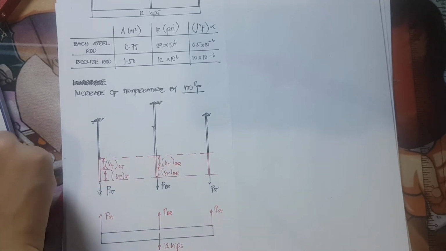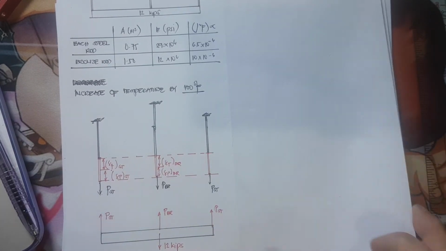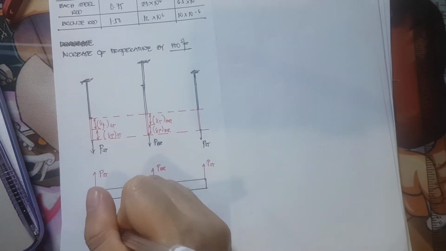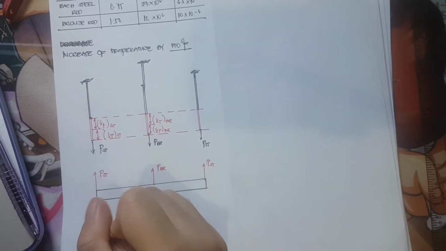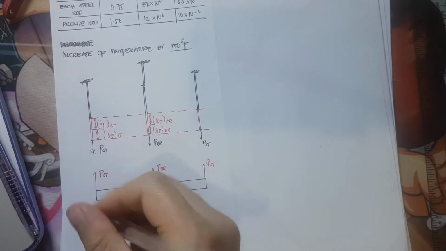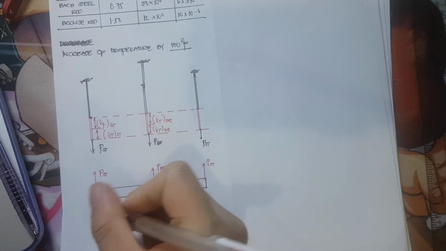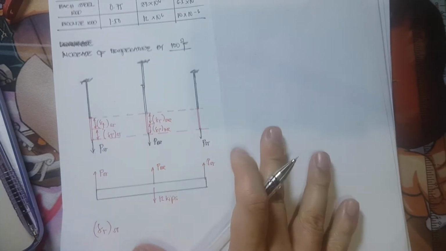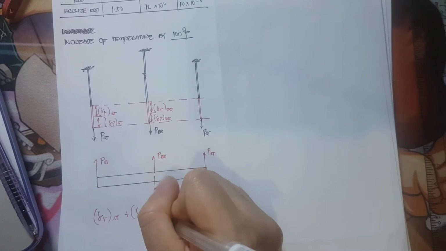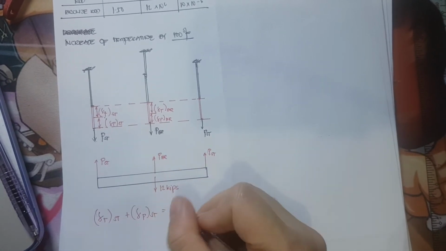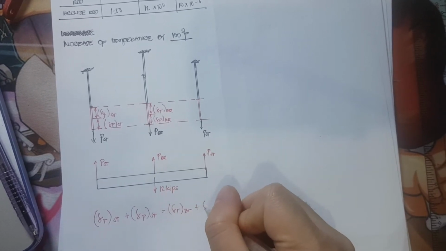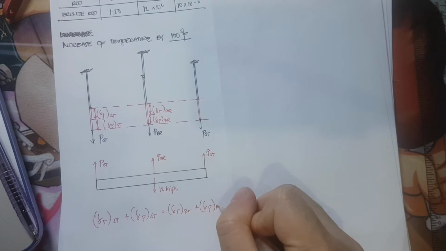So from compatibility, we can say that the deformation due to temperature of the steel plus delta P of steel is equivalent to delta temperature of the bronze plus delta P of the bronze.